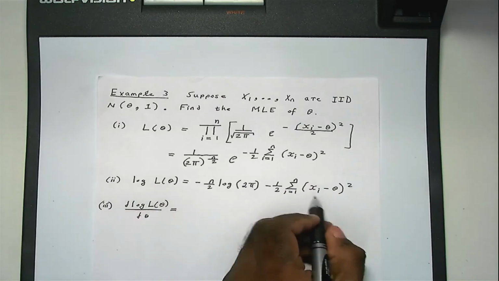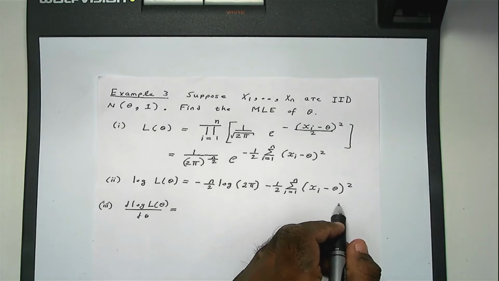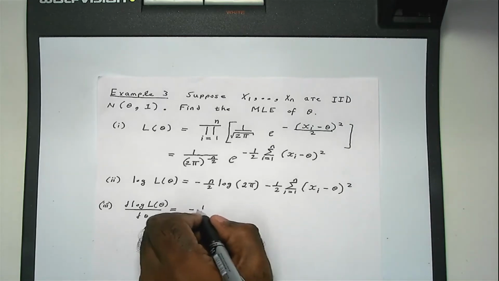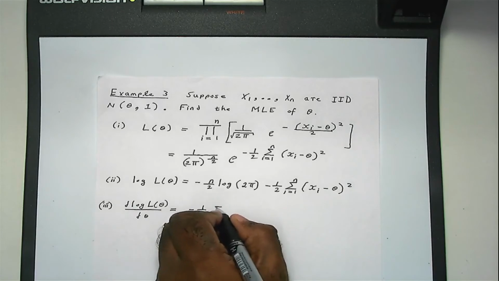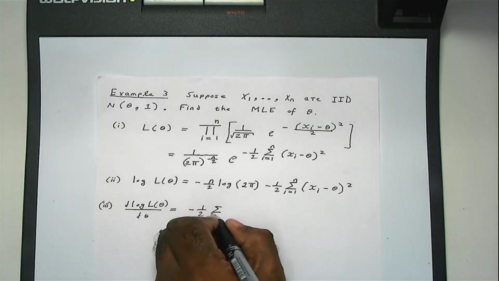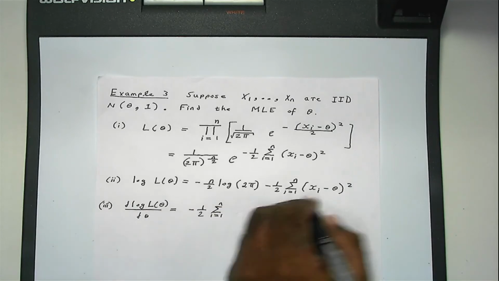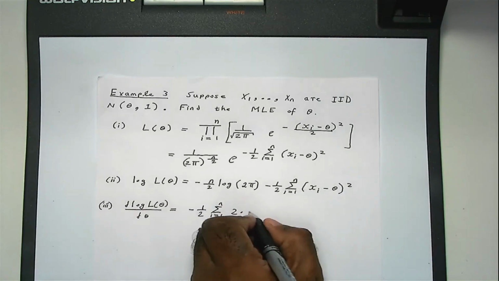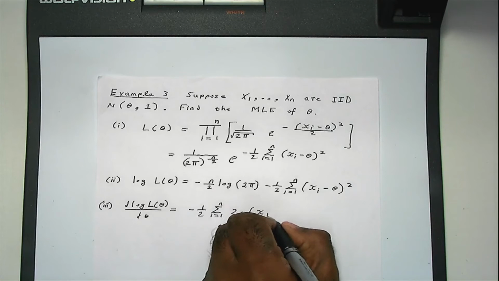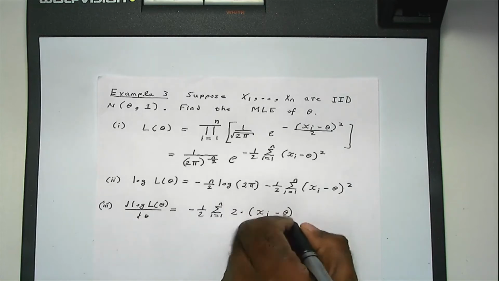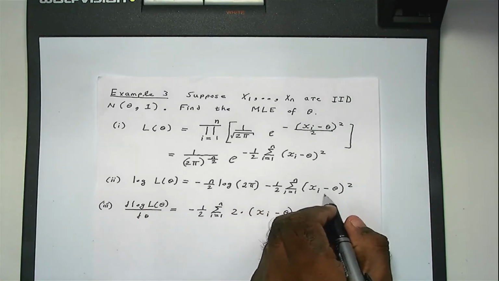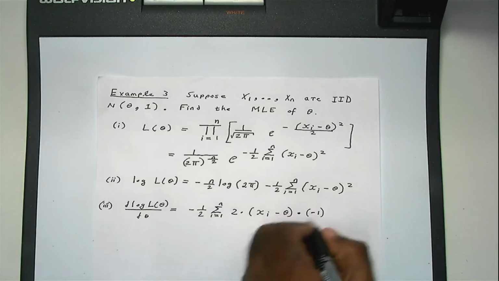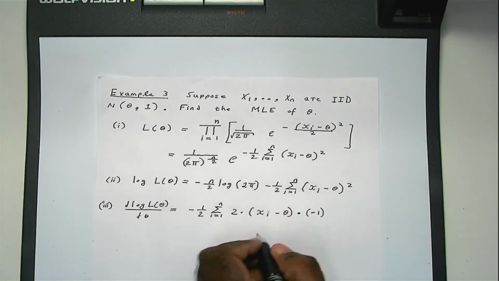Now, if you differentiate this, you need to use the chain rule. I'm sure you guys know what the chain rule is from your calculus. So first you differentiate the square. So it gives you 2 times xi minus theta. Then you differentiate what is inside the bracket. That gives you minus 1. Right, so this is what you get.